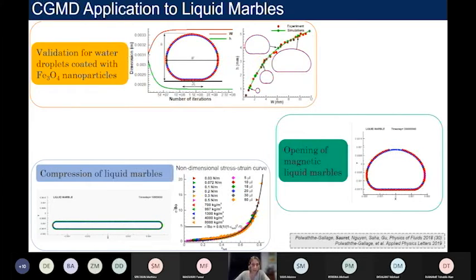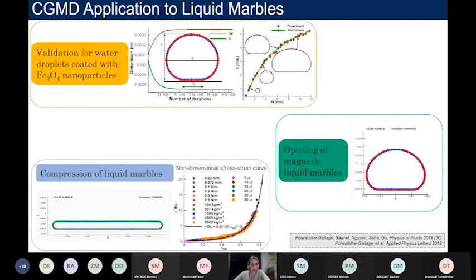And we are collaborating with some colleagues at Griffith University in Brisbane who are doing all those experiments. And so what we ended up establishing is a non-dimensional relationship between the stress and the strain of those liquid marbles when we compress them. So that is the validation, basically, of this non-dimensional relationship that we've obtained against the experimental points over there.